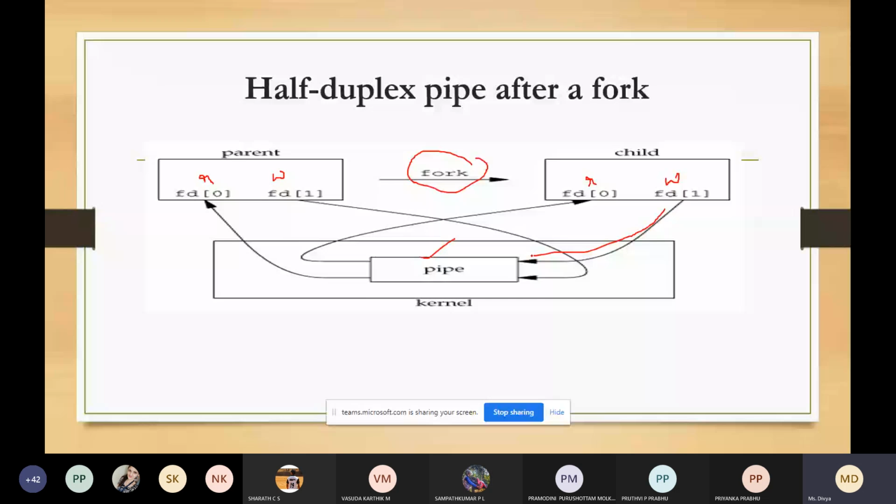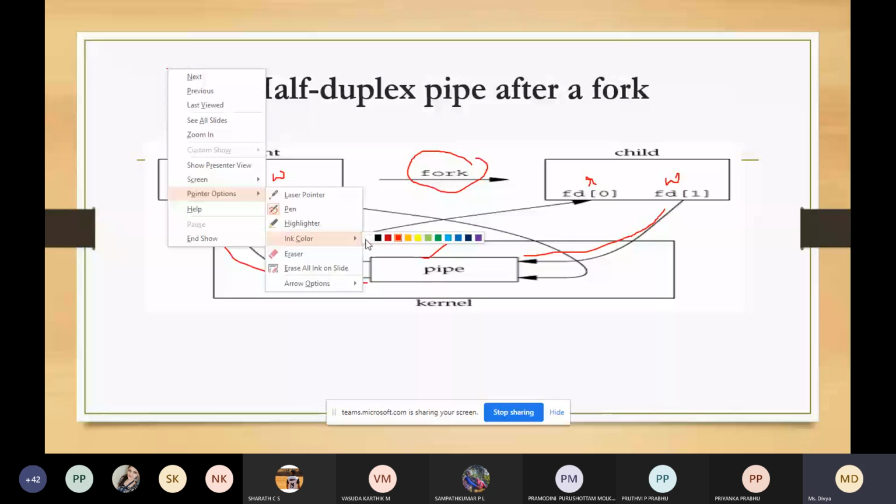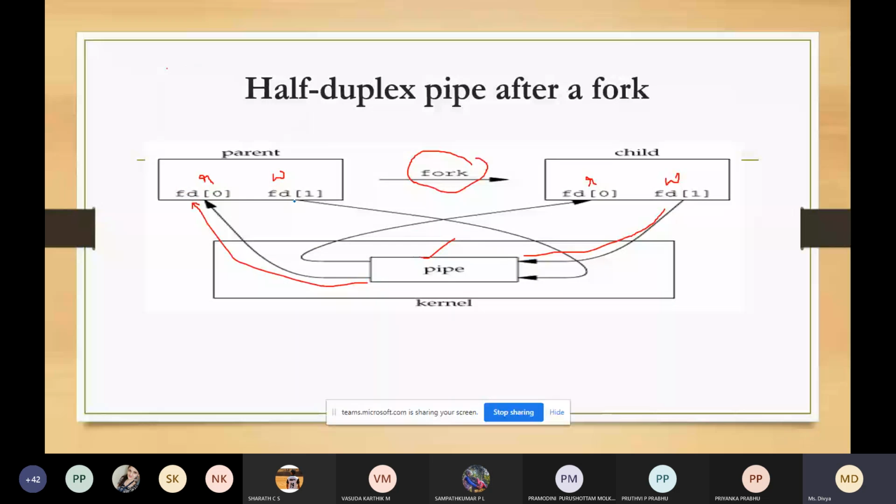Similarly, assume that the parent wants to write the data and the child wants to read the data. In that case, the parent will write the data, and using file descriptor 0, the child will start reading the data. So file descriptor 1 is used for writing, and file descriptor 0, on both sides, in both processes, is used for reading.